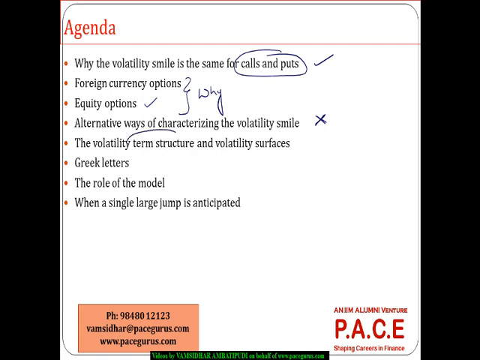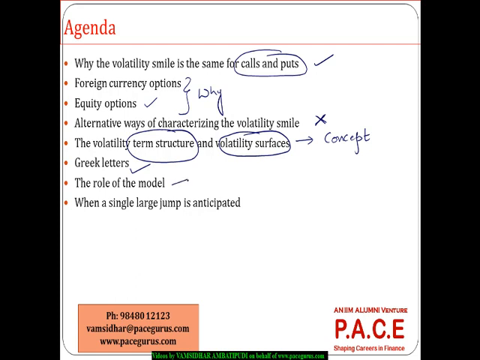What do we mean by the volatility term structure and volatility surfaces? Some conceptual and definitional material goes into it. And how do I compute the Greek letters, or how do I understand the Greeks using the volatility smiles?